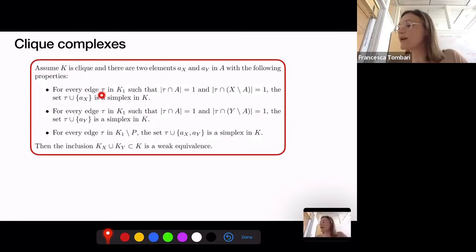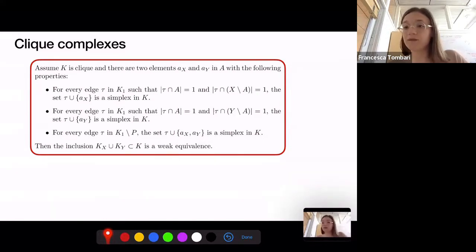For every edge tau in K which has one vertex in A and one vertex in K minus A, tau together with AX forms a triangle inside K. And a symmetric property holds for AY. Moreover, for every edge tau, this time in K minus P, the set tau together with AX and AY forms a tetrahedron inside K.